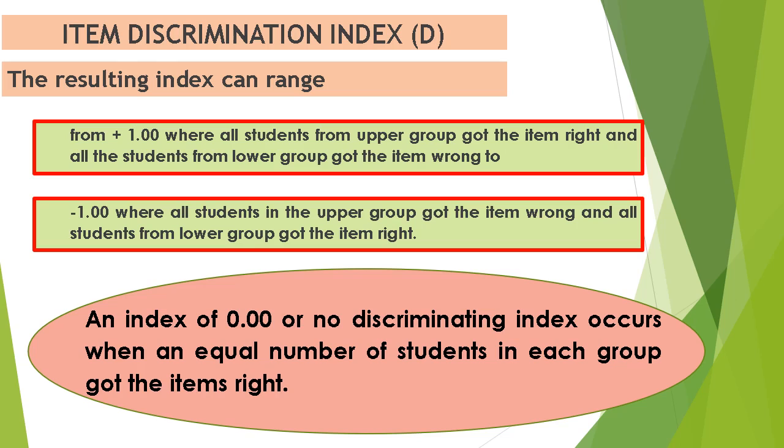So an index of 0.00, or no discriminating index, occurs when an equal number of students in each group got the items right.